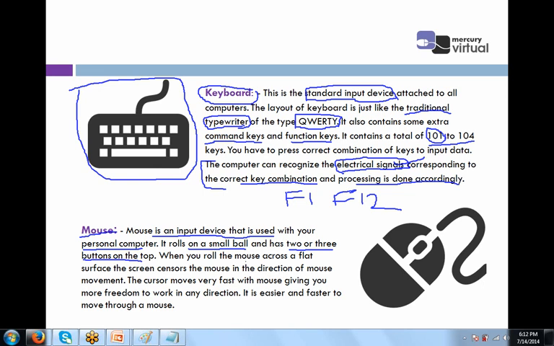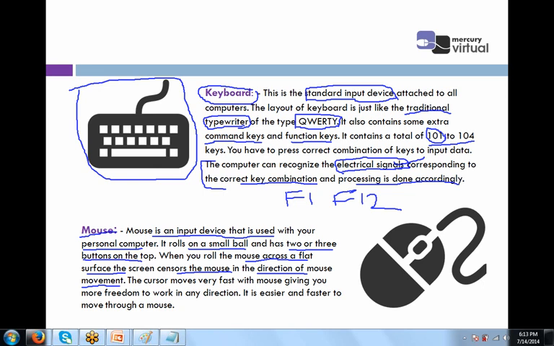When you roll the mouse across a flat surface, the screen senses the mouse movement, like I am rotating my mouse in this way. Where I direct the mouse movement, in the same way the sensors go from one direction to another.